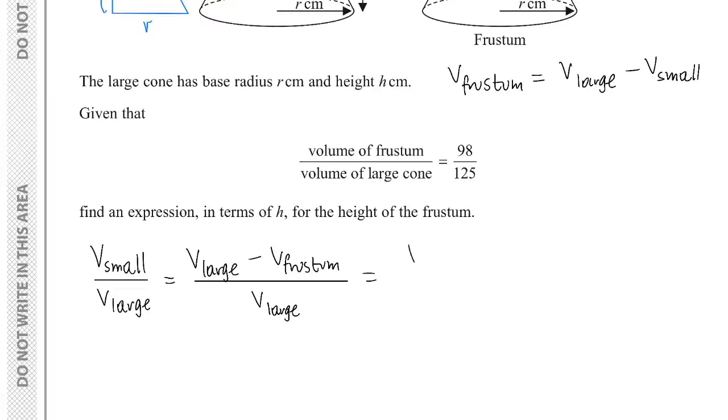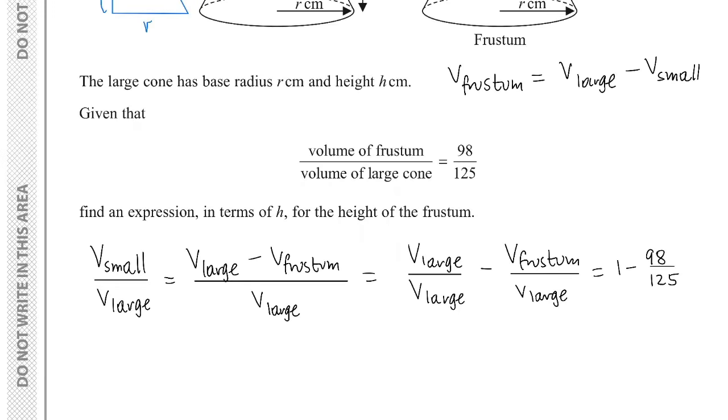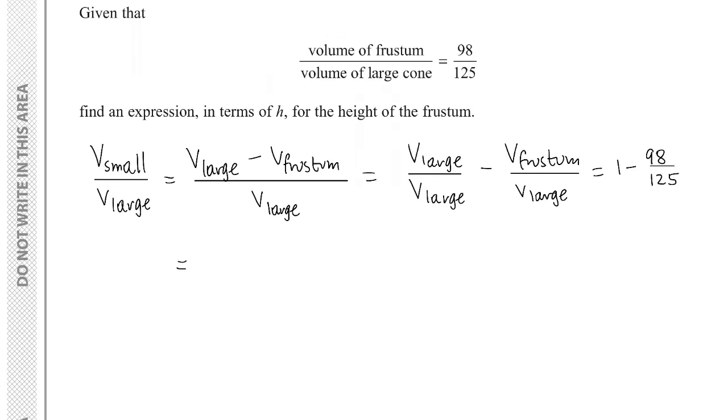And this is the volume of the large over the volume of the large, which is simply 1, minus the volume of the frustum over the volume of the large cone, which is 1 minus 98 over 125, which is giving me an answer of 27 over 125, which I have to realize is 3 over 5 to the power of 3.